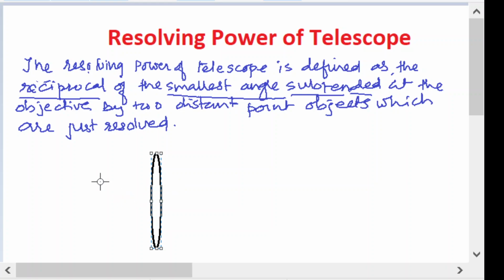Now the rays are coming from very far. The point objects, the stars, are very far, so we consider the rays which are coming from the first star.